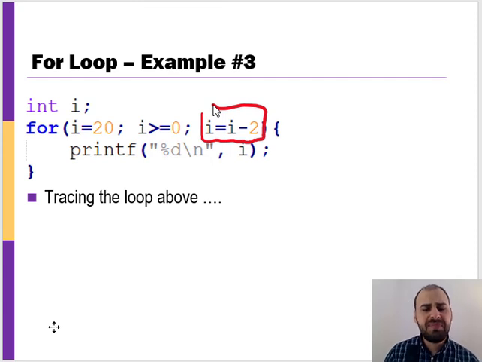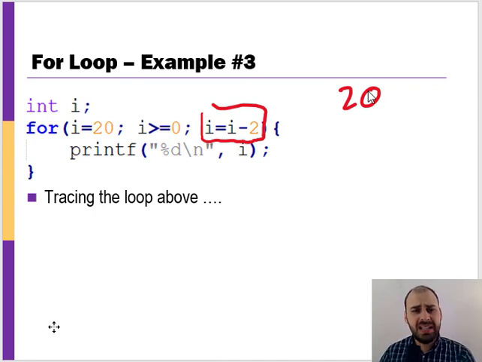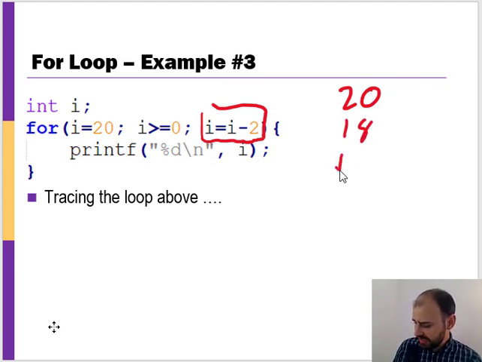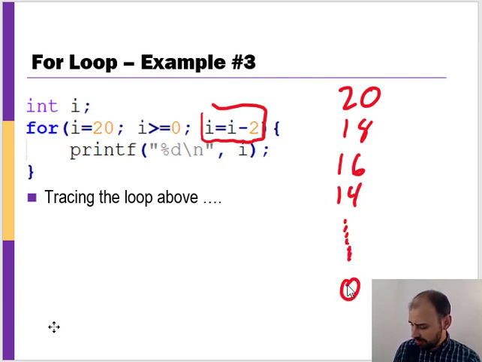Now, if we look at this, what is this going to do? Notice there's no reason why we can't count down. In this case, we start by initializing I at 20. We continue to loop while I is greater than or equal to 0, while that's true. So this is going to print out all the even numbers counting down. It also prints 0 because the condition's still true.